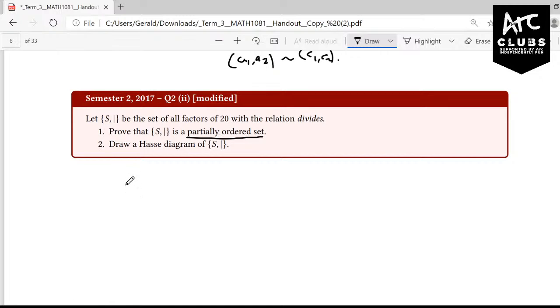we assume that A divides, well, in this case, the relation is divides.